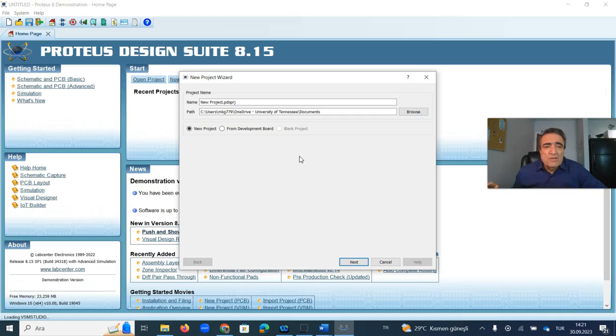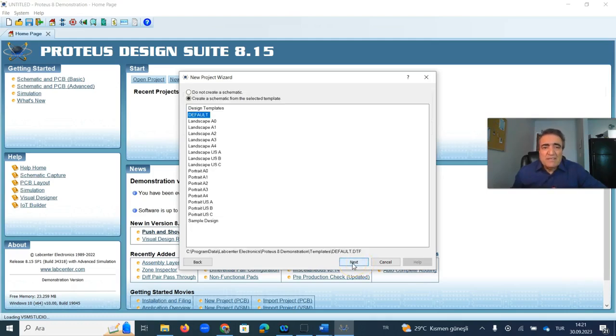But as I said earlier, it is not possible for us to save in this software because we are using the demo version. There are limitations when you are using the demo versions. Therefore, it is up to you what name you provide for your project because you cannot save it. So I don't waste my time, I just select the next button here. By default, create a schematic from the selected template.